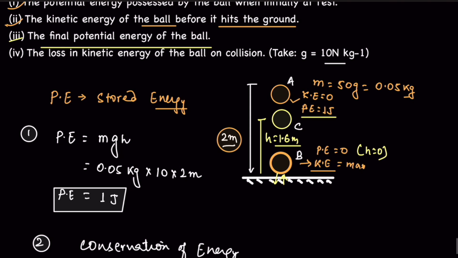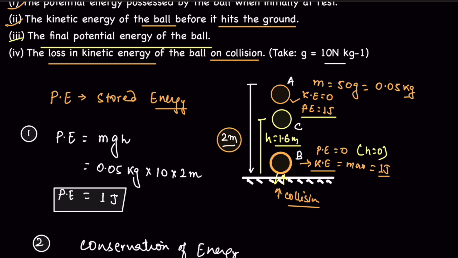Now, in the fourth part, we have to find the loss in kinetic energy of the ball in collision. It means that when this collision takes place, here is the collision, at that time a certain loss happened because of heat or friction. So we know that when it is about to touch, the kinetic energy was 1 joule.